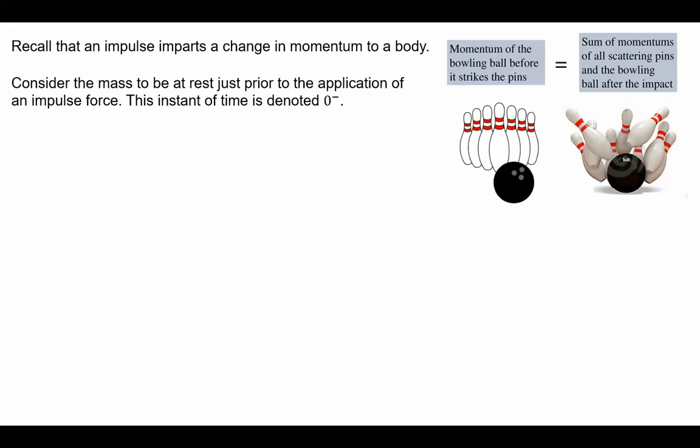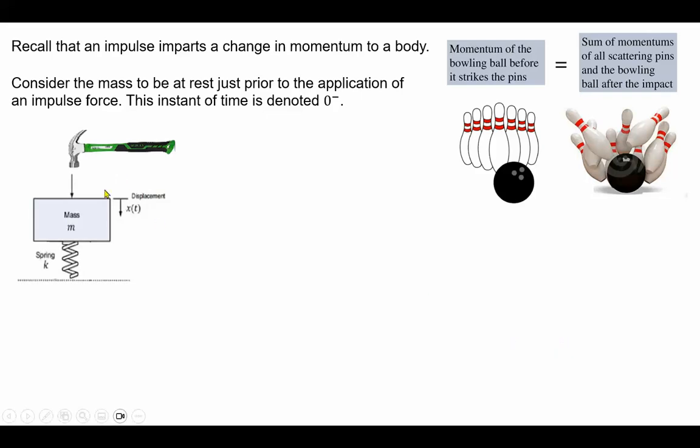But if we have an external force, such as a hammer hitting this mass, which is supported by a spring, then momentum is not conserved for the mass and spring system. Obviously, for the whole system it may be, but not for the mass and spring system.